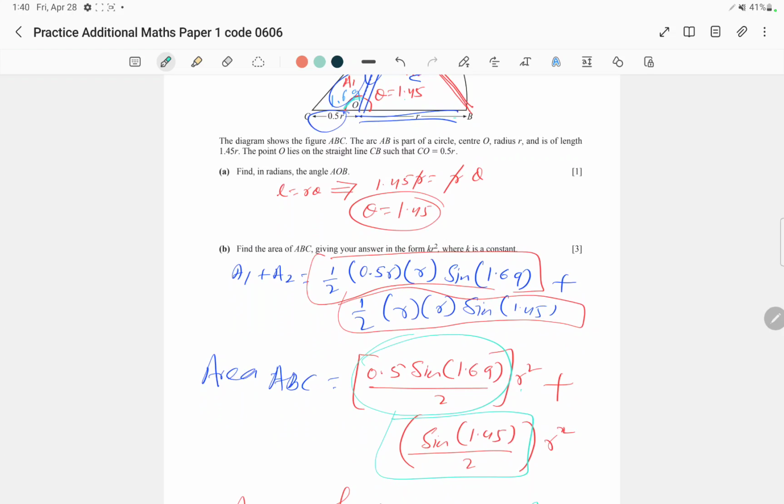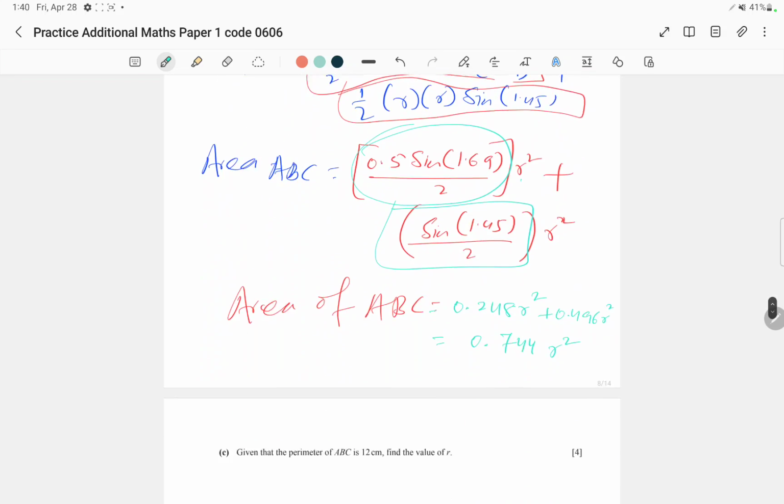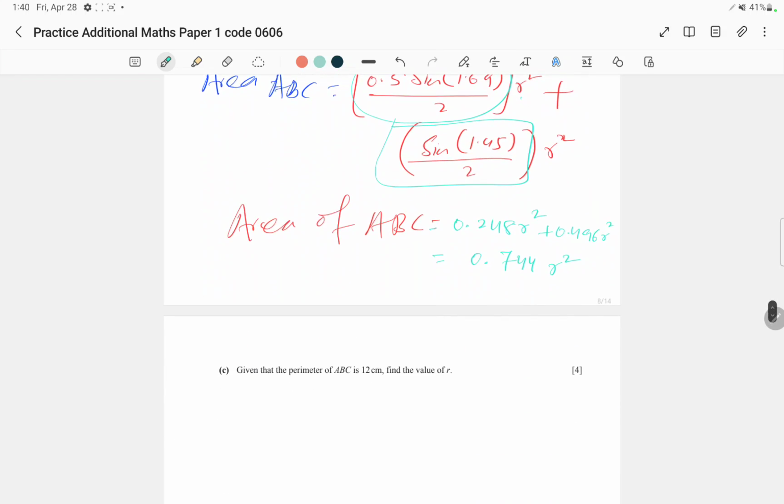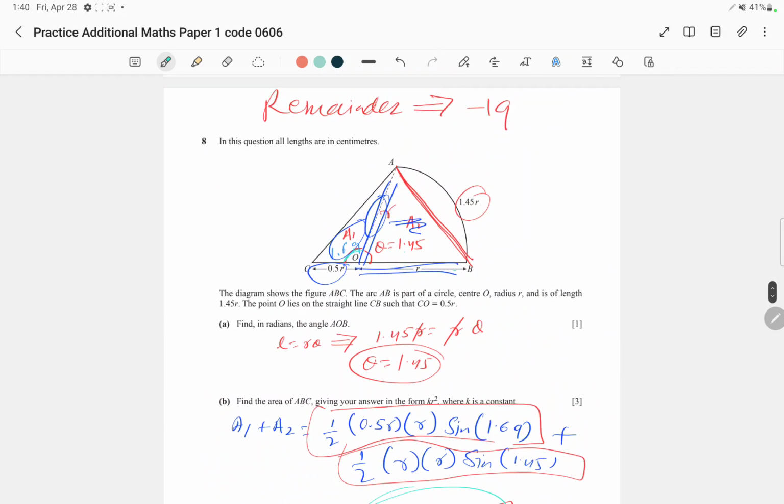All calculations are the same. 0.5 times sine of 1.69 over 2 plus sine of 1.45 over 2, which is 0.744. So 0.744, I got.